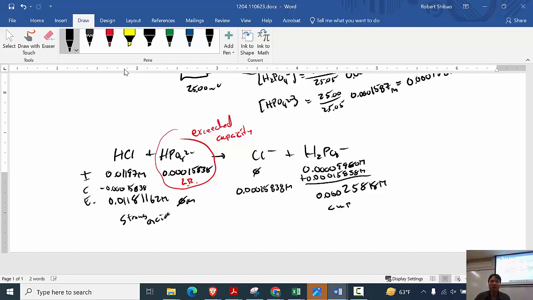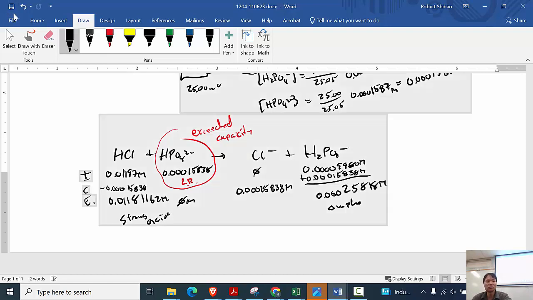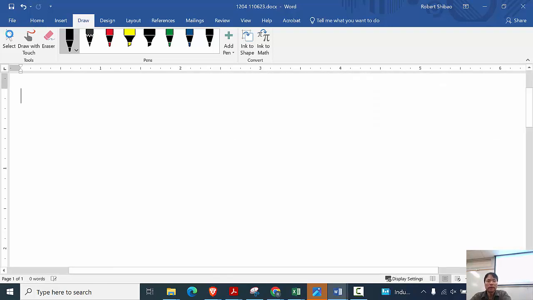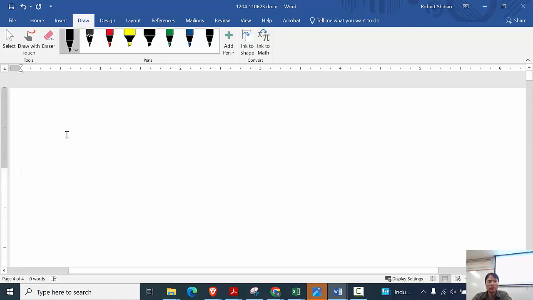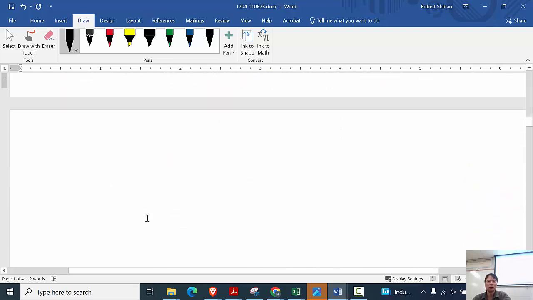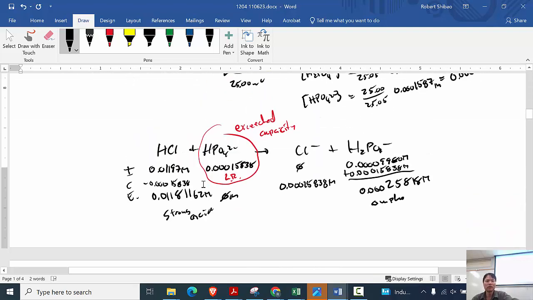So what we have here is a strong acid plus an amphoteric. And so essentially this is like a strong acid, weak acid solution. In a strong acid, weak acid solution, the pH is going to largely be dictated by the strong acid alone. And so I'm going to just ignore the hydronium ion contribution from the amphoteric species and just assume, and it's a decent assumption, that the pH is going to be from this.